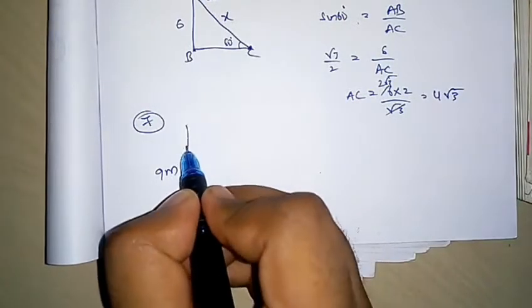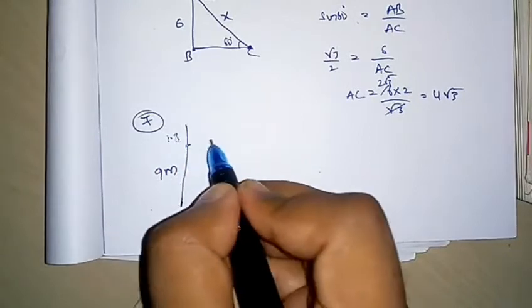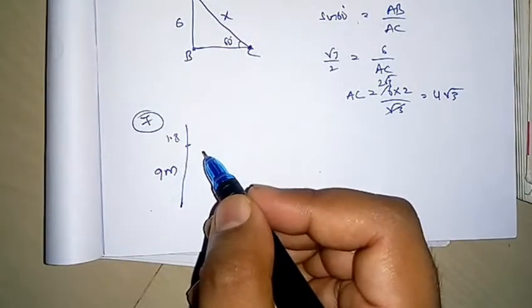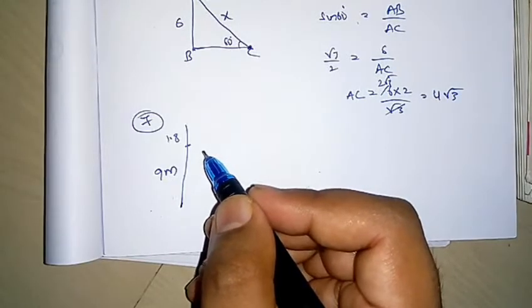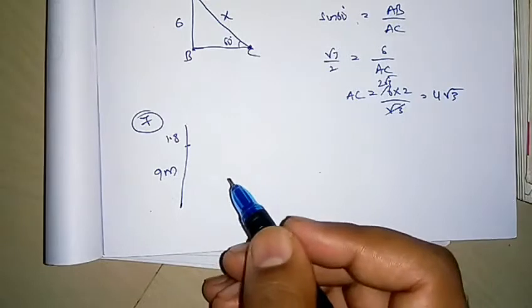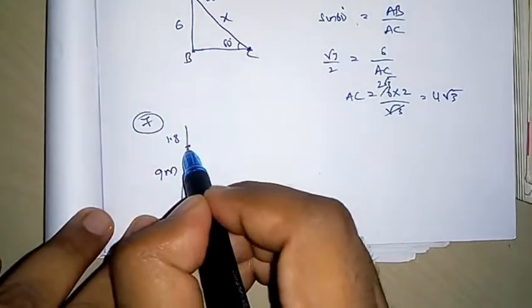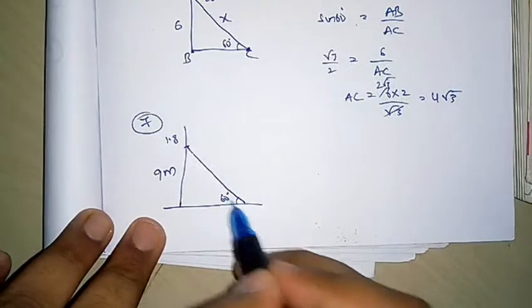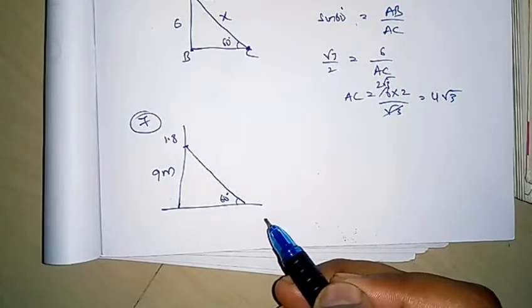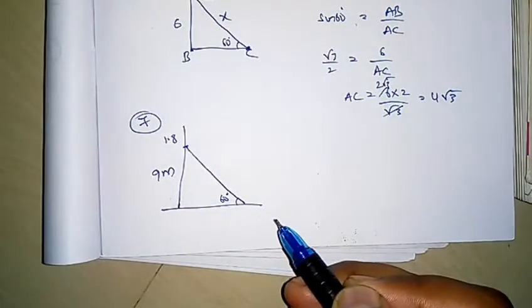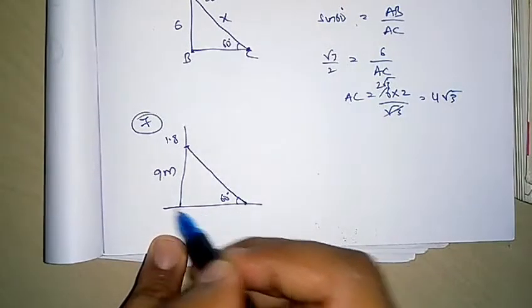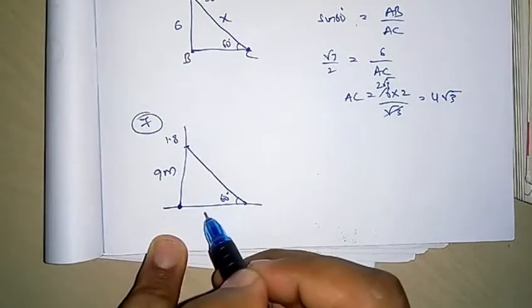What should be the length of the ladder which he should use when he climbs at an angle of 60 degrees with the ground? It is making 60 degrees with the ground. What will be the distance between the foot of the ladder and the foot of the pole? You are asked to find this distance.